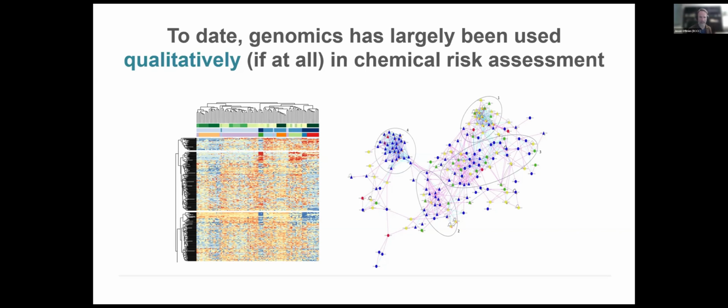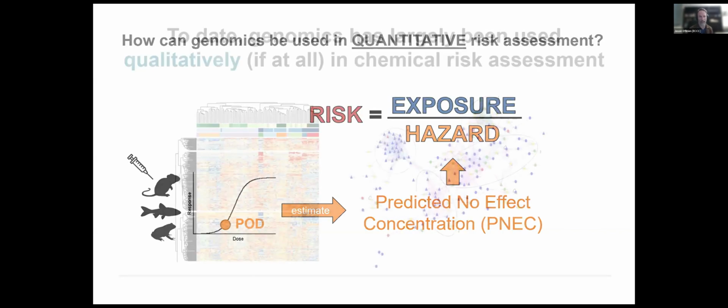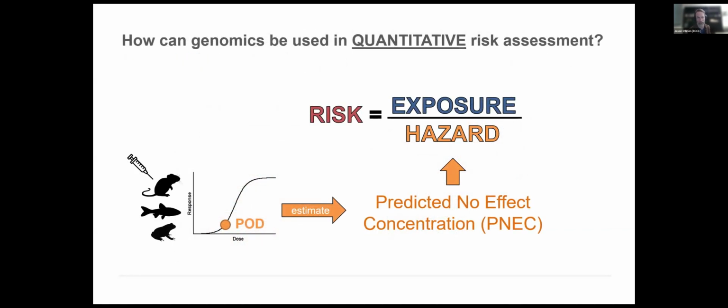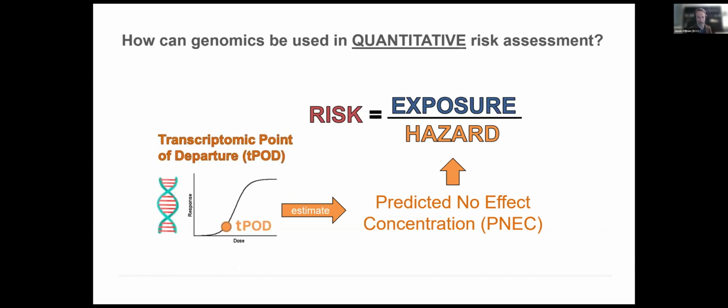Doing clustering analysis and network analysis doesn't really fit into this quantitative risk quotient calculation. And so it's been a little elusive trying to figure out exactly how genomics can be used in quantitative risk assessment. But what I'm going to be talking about today is how a transcriptomic point of departure can be used to estimate a predicted no-effect concentration that can be used in quantitative risk assessment.